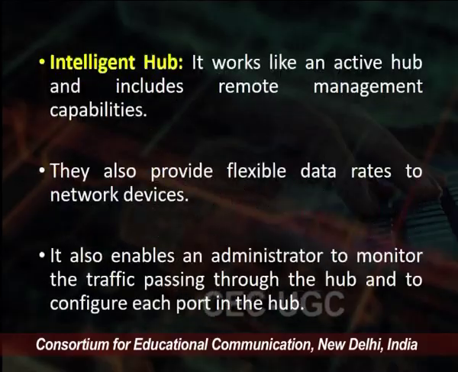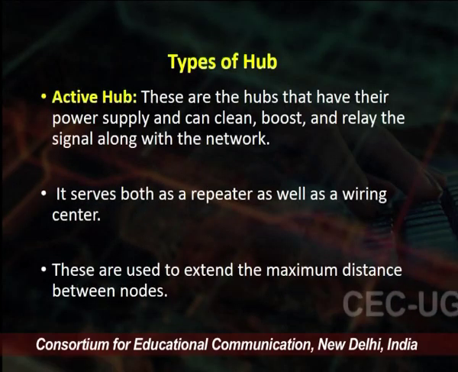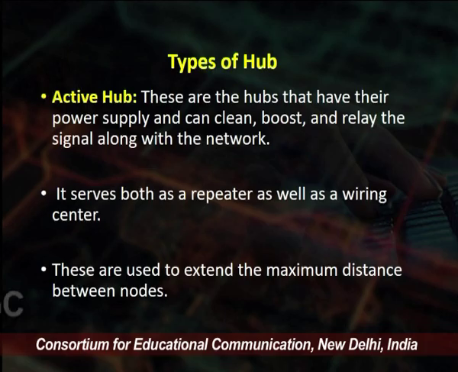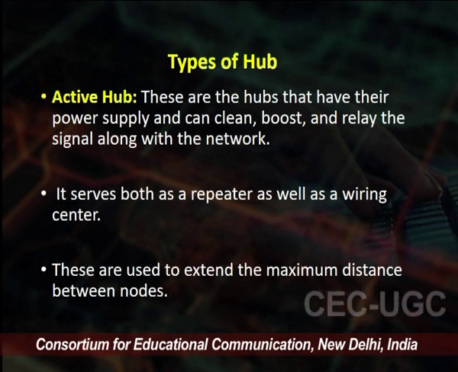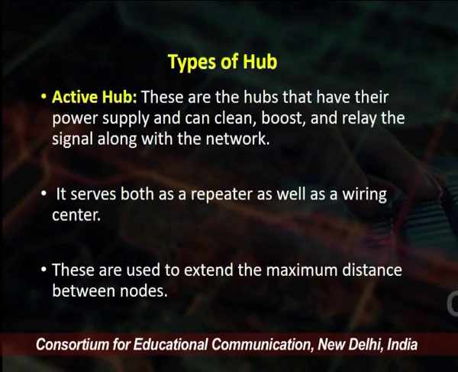Now as far as the structure is concerned, we have seen a simple hub and a multi-port hub. But if we look into the types of hubs, we have three different types: active hubs, passive hubs, and intelligent hubs. Active hubs have their own power supply and can clean, boost and relay the signal along the network.